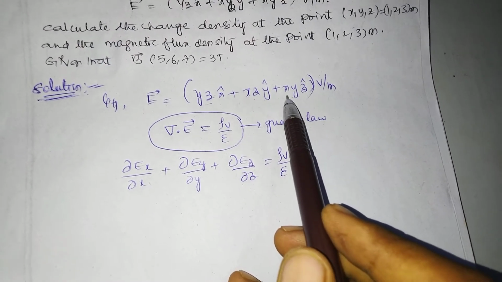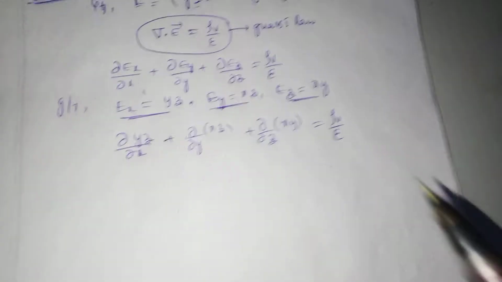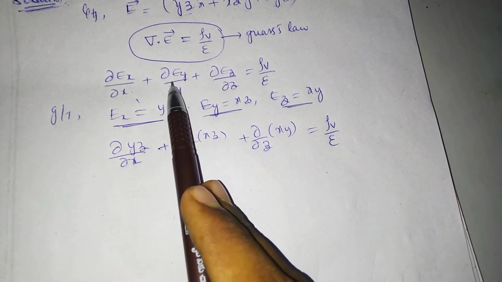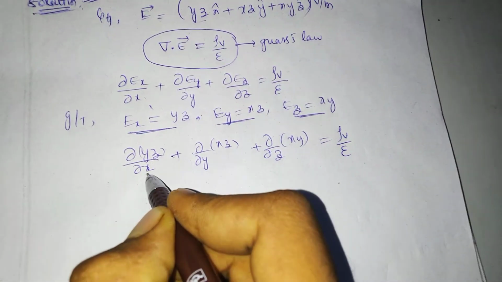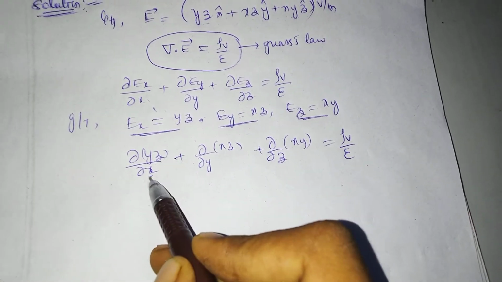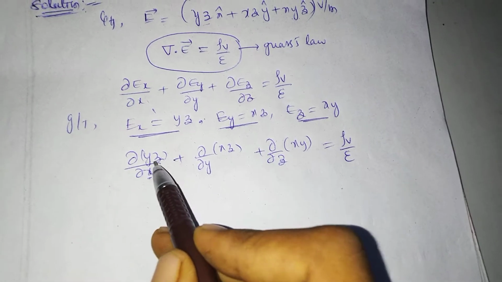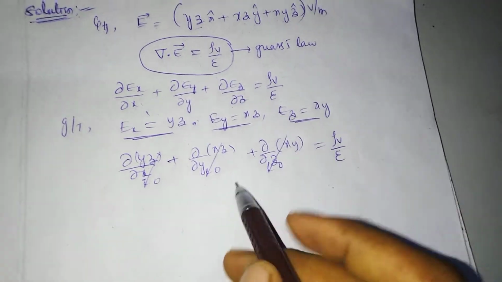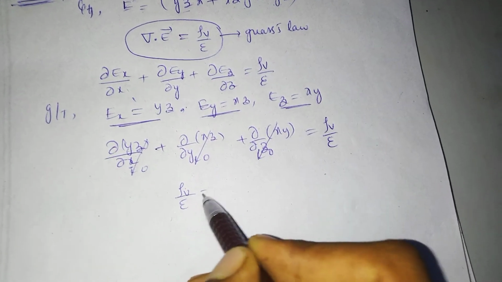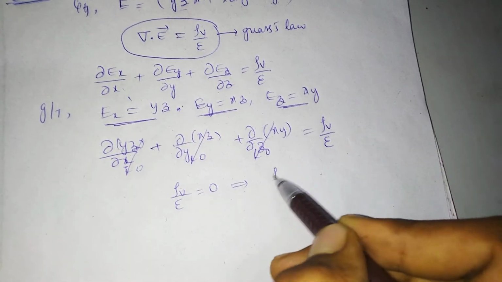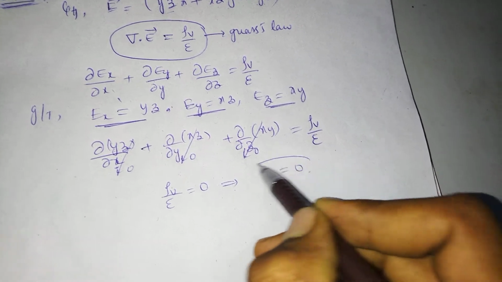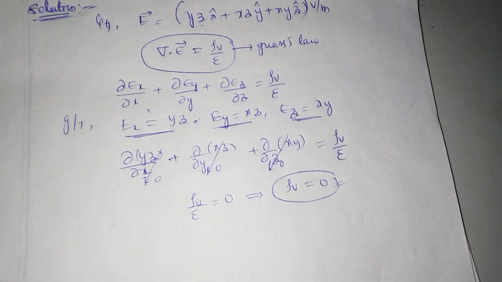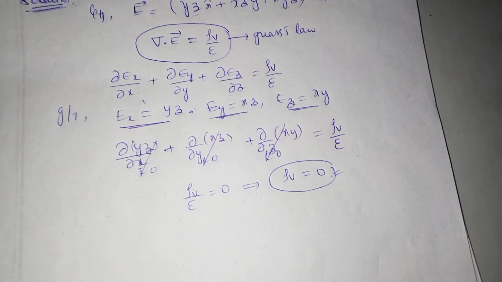Substituting these values, we partially differentiate yz with respect to x, which is 0, the next is also 0, and again it is also 0. So rho v by epsilon equals 0, and it comes to rho v equals 0, right? So the divergence of the electric field is equal to 0 at any point.